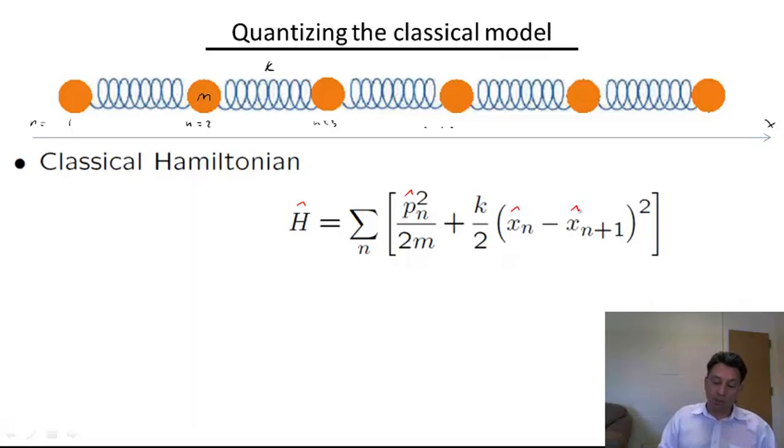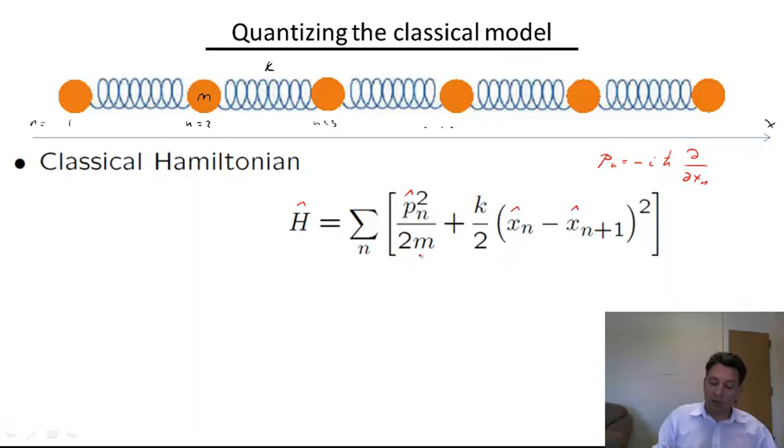Which means that we made these variables in the classical case into operators in the quantum problem. So for example, if we're working in position space, p sub n is simply minus i h bar d over dx_n.